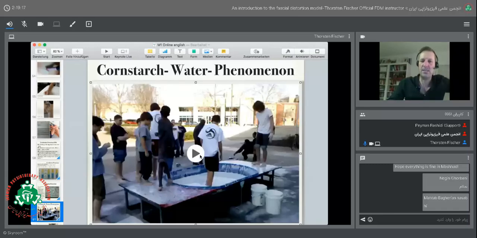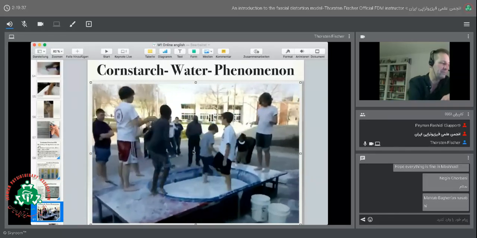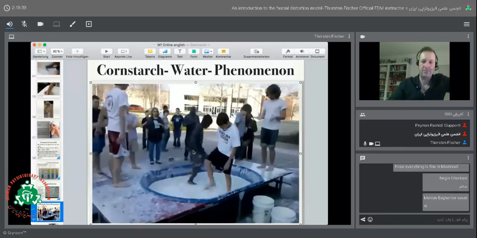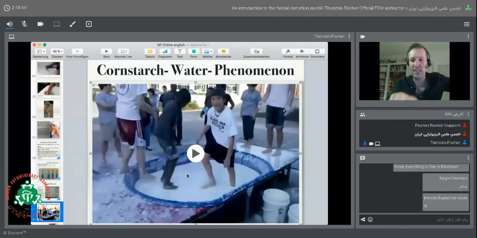You see, this is the teacher here, and he is having some students, and he filled a little pool with cornstarch and water, and you see it's a fluid, but when you are fast you can walk on it because it becomes so hard. What you see in this black kid, he is actually doing shockwave.